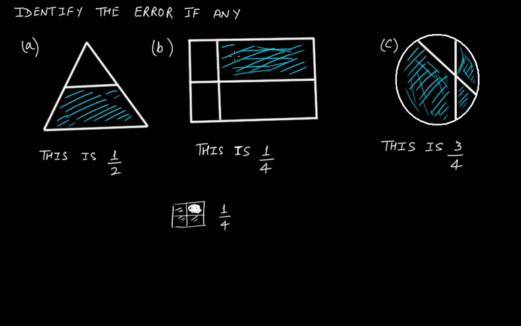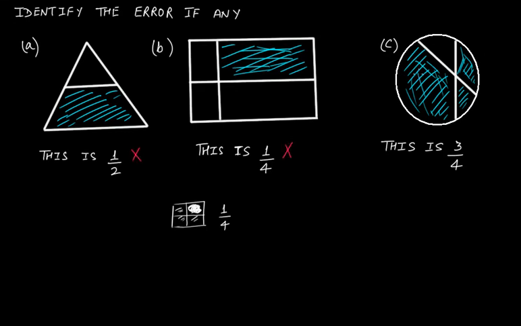But in this case, similar to what we discussed here, in this diagram also all four parts are not of equal area or shape. Therefore, this is not 1 by 4. This is wrong, an error, and this is also wrong.